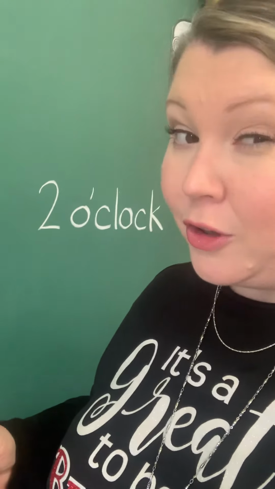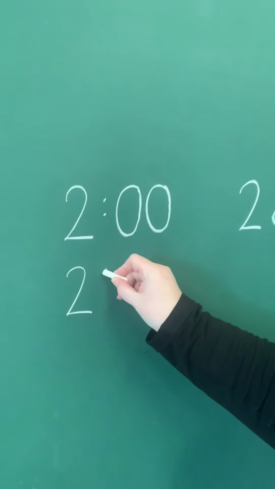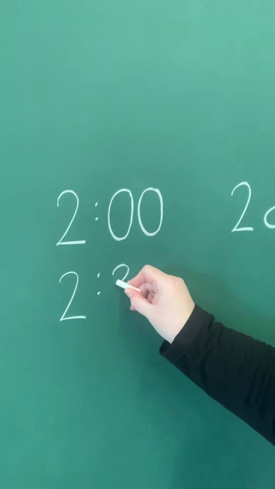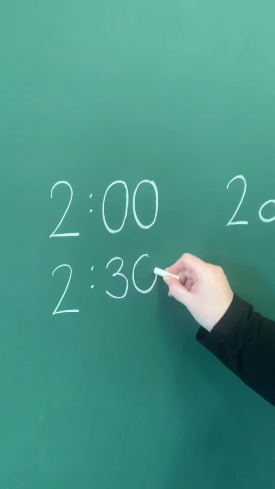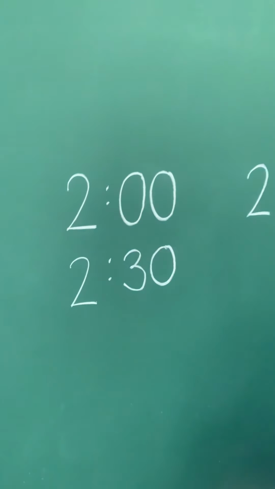Well, if I'm writing 2:30, look how I'll write it. 2:30. Because 30 minutes have passed since it was 2 o'clock.